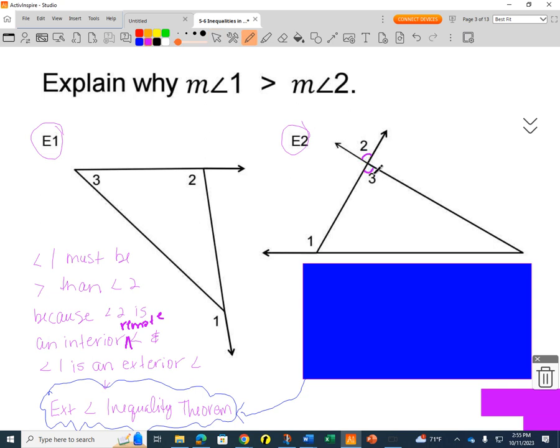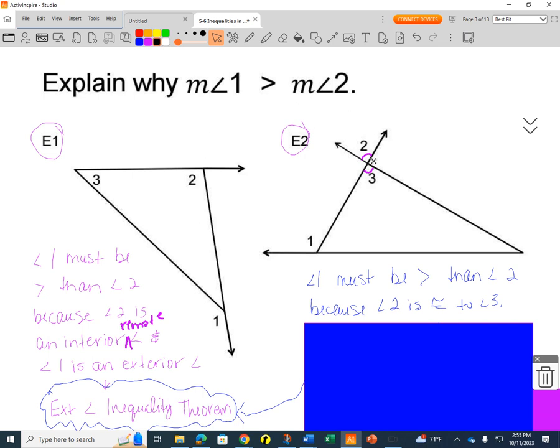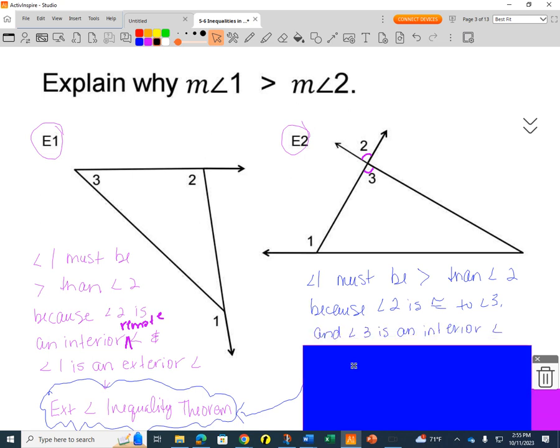So angle 1 has to be greater than angle 2 because angle 3 and angle 2 are congruent, and angle 3 is a remote interior angle. So angle 1 must be greater than angle 2 because angle 2 is congruent to angle 3, remember, because they're vertical angles, and angle 3 is an interior remote angle, while angle 1 is an exterior angle.